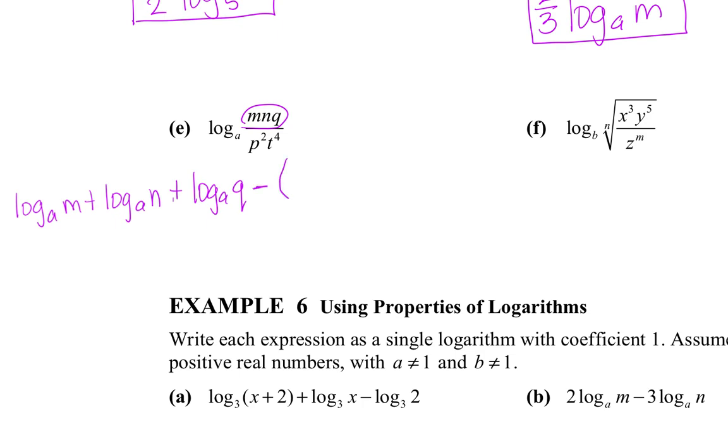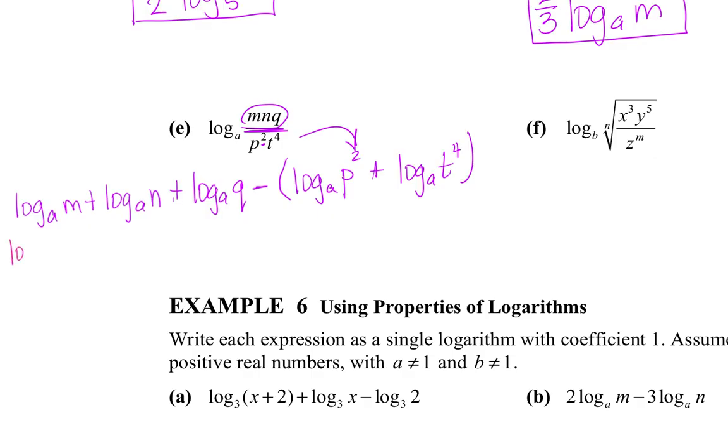Minus, and you're going to want to put parentheses because you have these two things happening here. So this is log base a of p squared plus log base a of t to the 4th. Because these two things are being multiplied, you need to add those two together, but they're being subtracted from the stuff in the numerator.